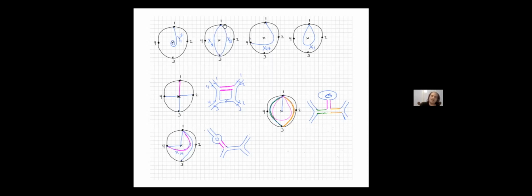So the arcs aren't just labeled by i and j. We say that x_ij is such that the puncture is always to the right of the chord ij. So x13 and x31 are separate arcs. x41 would be a boundary arc here.